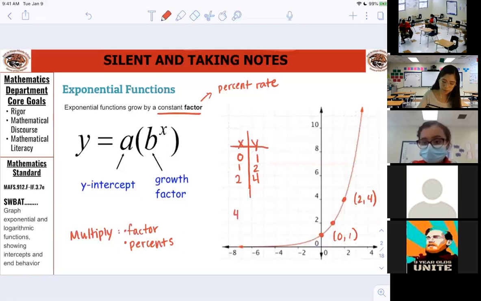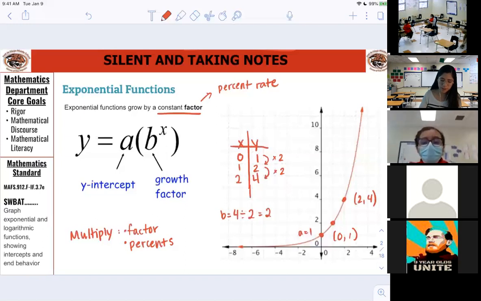So for example, here, I would do 4 divided by 2. What's 4 divided by 2? 2. So I know that the growth factor is times 2. I'm just multiplying by 2. So all I did was divide in order to figure out what's being multiplied. So if my growth factor is 2, b equals 2, and a is 1, can somebody write the equation for me for this graph?